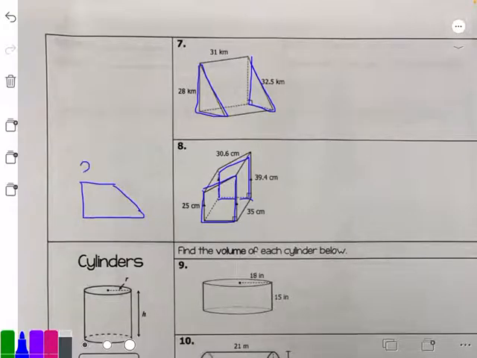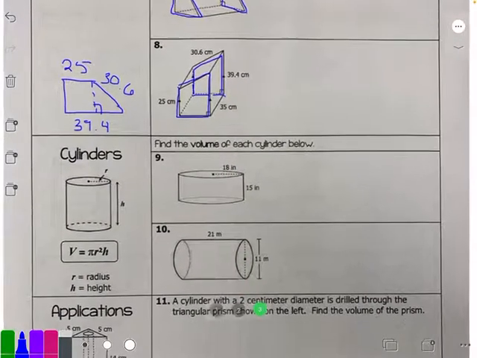This is 25, this is 39.4. I'm just going to tell you guys right now because we're going to need the missing side of the trapezoid. You're going to need to know the Pythagorean theorem, right? So I just want to help you guys out in case you can't clearly see the trapezoid there.